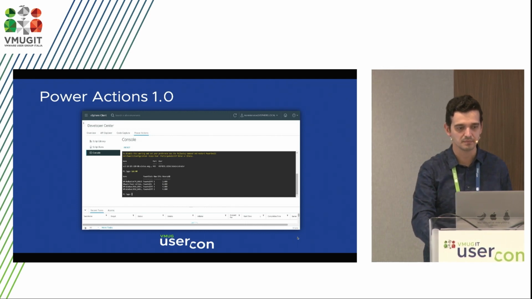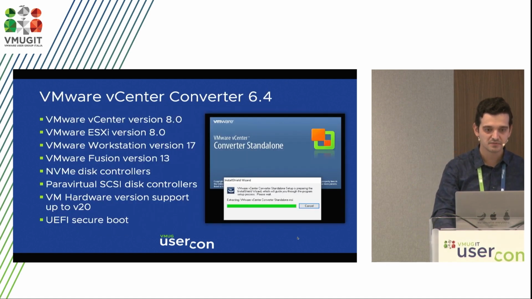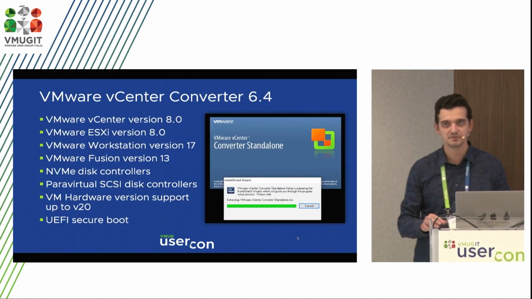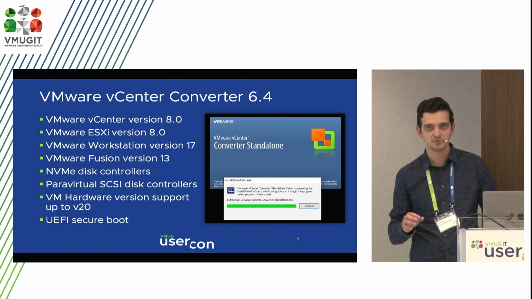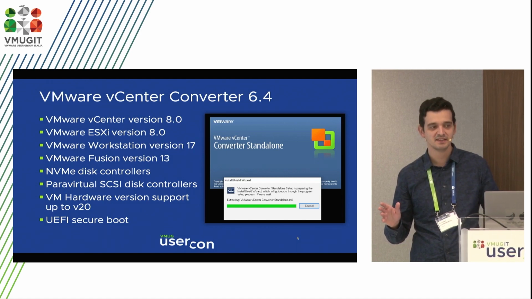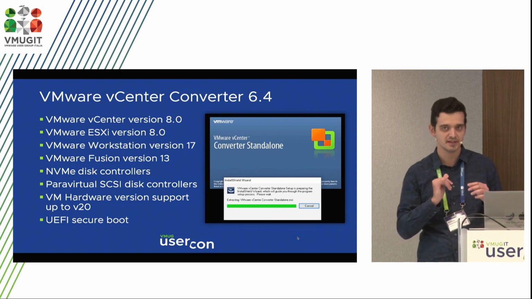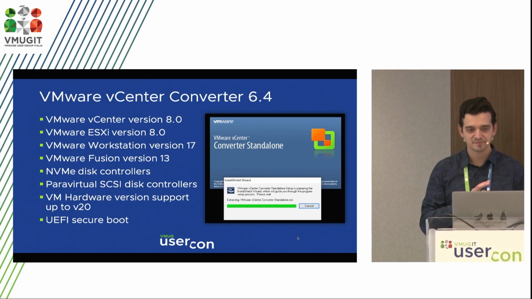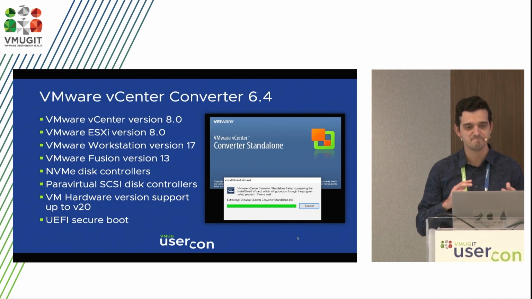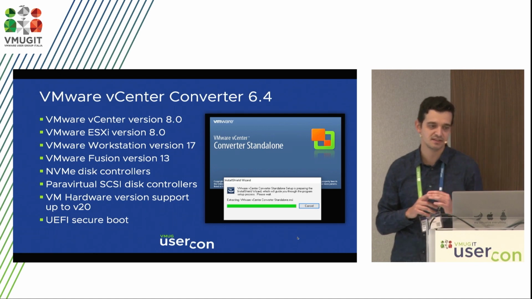VMware Converter. Last year we revived the converter. There was the 6.3 release. This year we released 6.4. In a couple of months, we will probably release the next one. It supports more and more things. In 6.4, there was vSphere 8.0 and ESX support, hardware version 20 support, Workstation, Fusion, and other things.